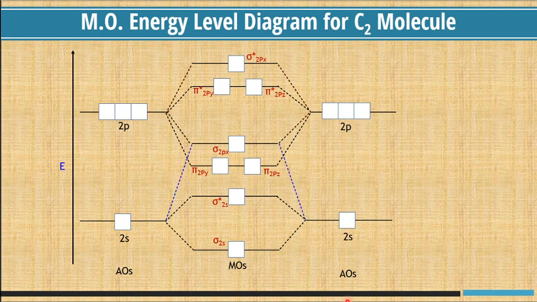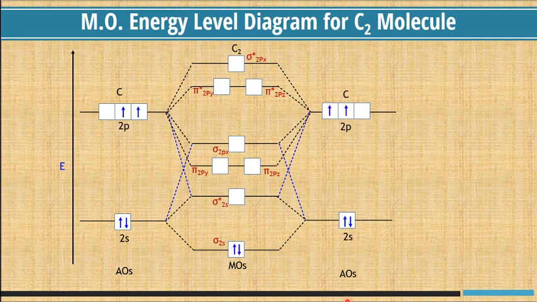There are two electrons in the 2s orbital and 2 electrons in the 2p orbital of carbon atom 1. The same is true for carbon atom number 2.